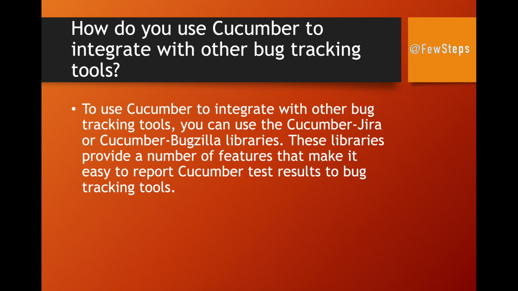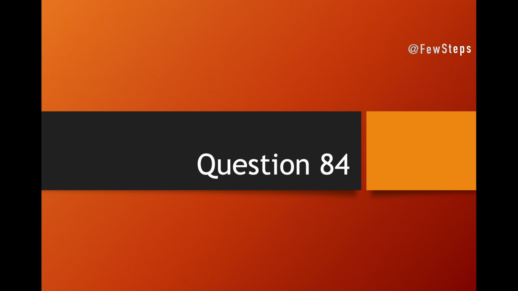Question 83. How do you use Cucumber to integrate with other bug tracking tools? To use Cucumber to integrate with other bug tracking tools, you can use the Cucumber Jira or Cucumber Bugzilla libraries. These libraries provide a number of features that make it easy to report Cucumber test results to bug tracking tools.